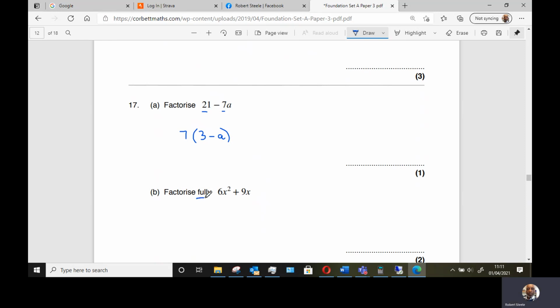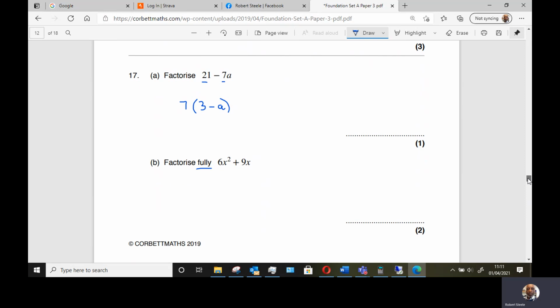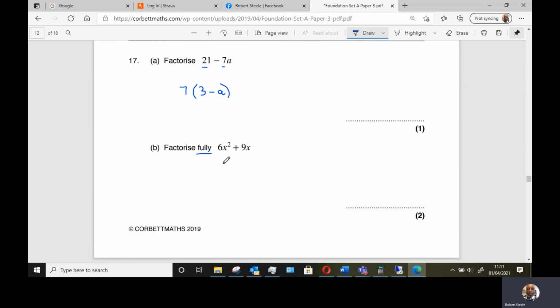Now, factorize fully means to get full marks here, we have to take all possible factors outside the brackets. Now, as well as recognizing that 6 and 9 are both in the 3 times table, you're also expected to recognize that x squared and x have a common factor of x.